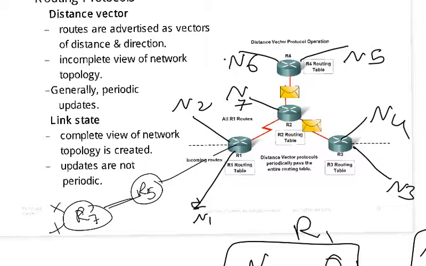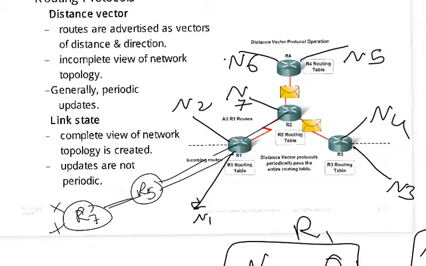No, it will forward these link states to the next router. And this router will aggregate all the link states and then send them on. And there is no routing table which calculates the distances. No, there is a link state table.